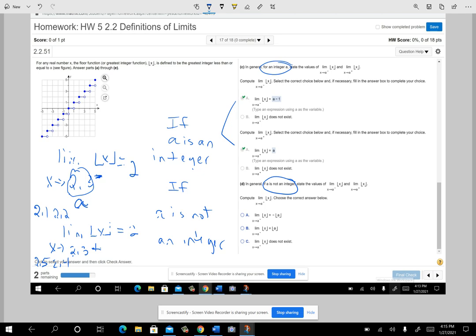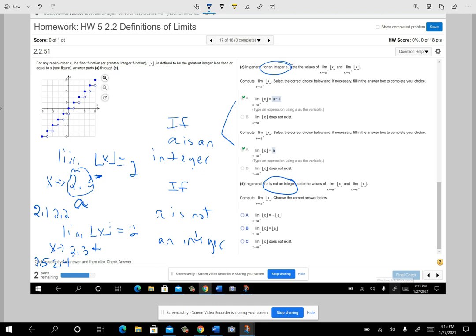In this case, less than that number. So if A is not an integer, then the limit as x approaches A from the left-hand side turns out to be the whole number part of A, the integer part of A. So it turns out to be 2.